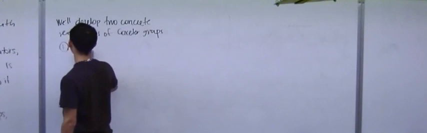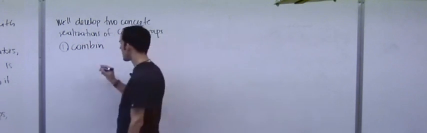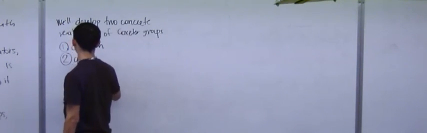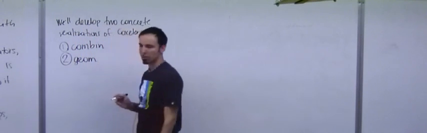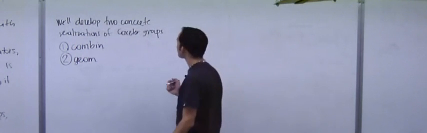One is combinatorial, so I'll show you a way of thinking about a Coxeter group combinatorially. And the other one is geometric. We will see that you can think of any Coxeter group in a geometric way.